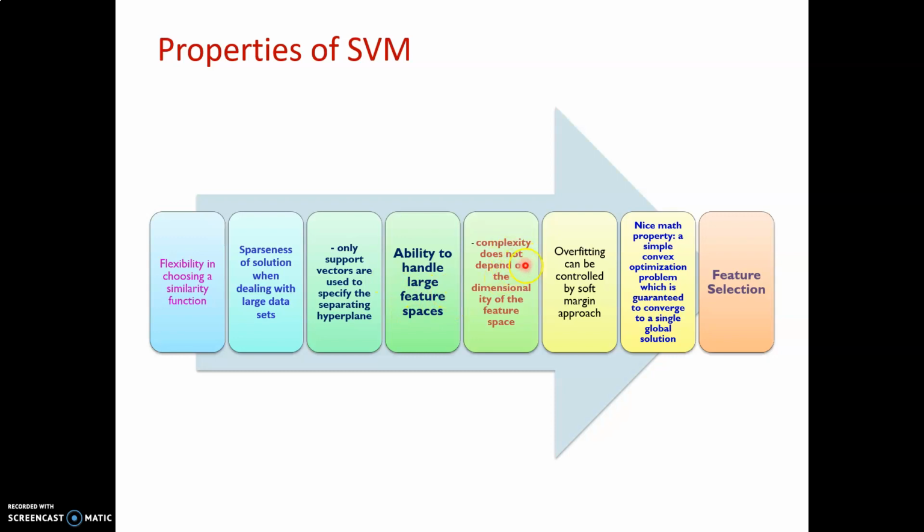Then complexity does not depend on the dimensionality of the feature space. Overfitting can be controlled by soft margin approach. In machine learning, overfitting is one of the issues. In SVM, it is overcome by the soft margin method. Next, the convex property. It is a simple convex optimization problem which is guaranteed to converge to a single global solution. Feature selection.